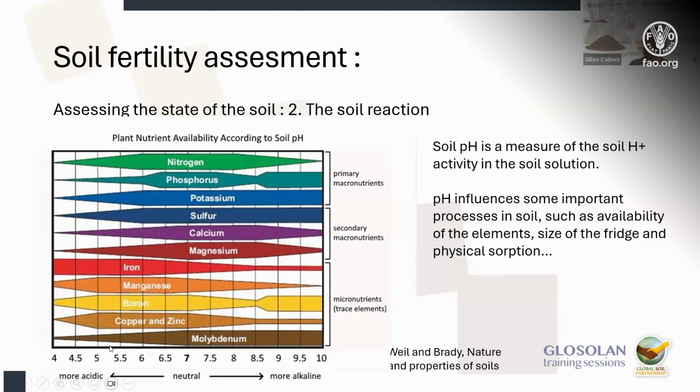You could also have higher availability of iron and metals, and that could be a problem if they are in too high concentrations in the soils. And if you are under alkaline conditions, you also have risks of deficiencies for the metals, for the micronutrients, for example. So there is a good range of conditions to try to preserve for plant nutrient availability, which is between 6.5 and 7.5.